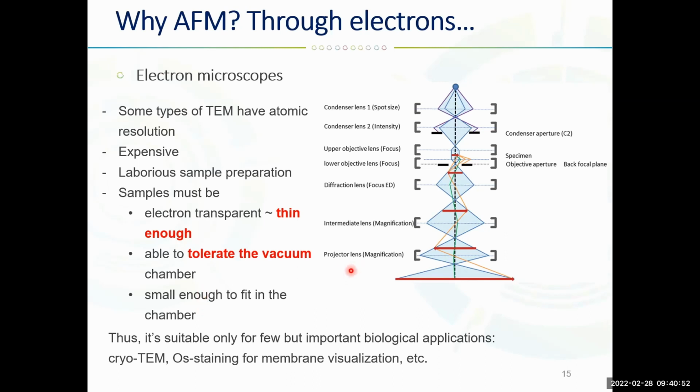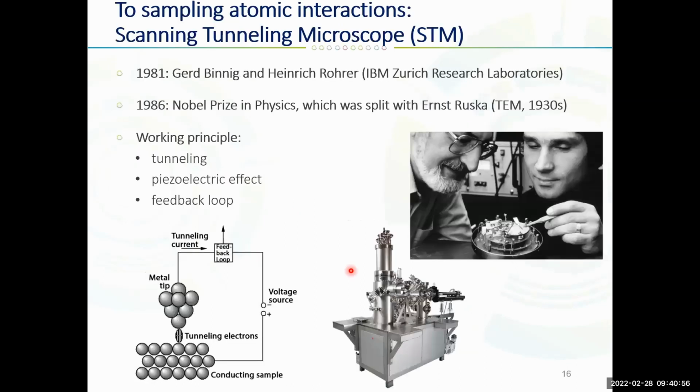That's why we decided to introduce this course with AFM, and the grandfather of AFM is the scanning tunneling microscope, or STM. The scanning tunneling microscope works by scanning a very sharp metal wire tip over a surface.